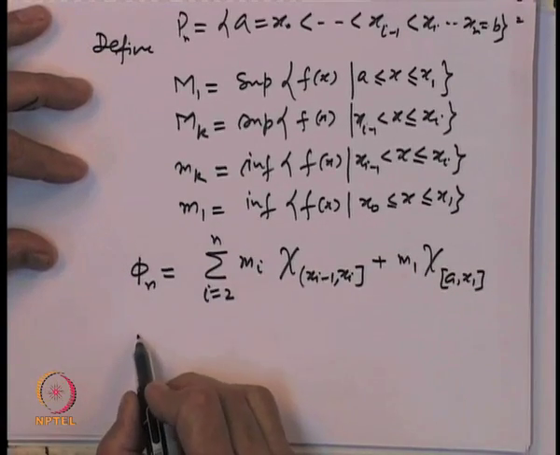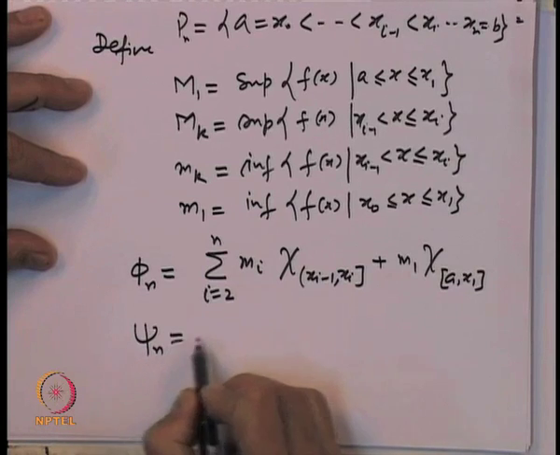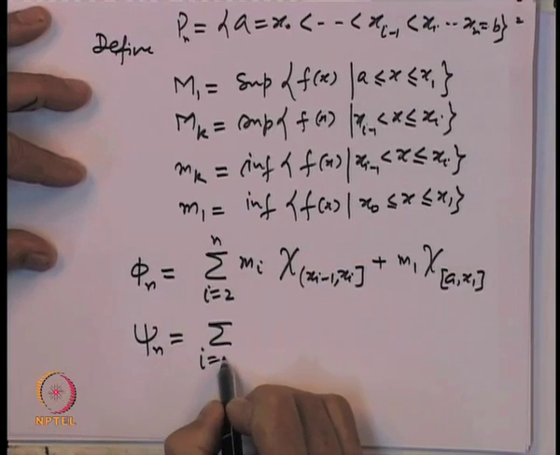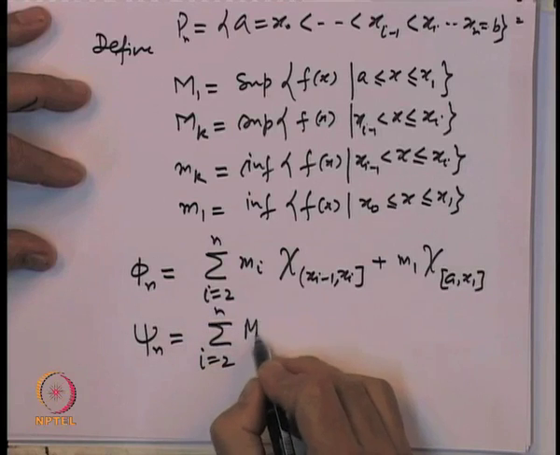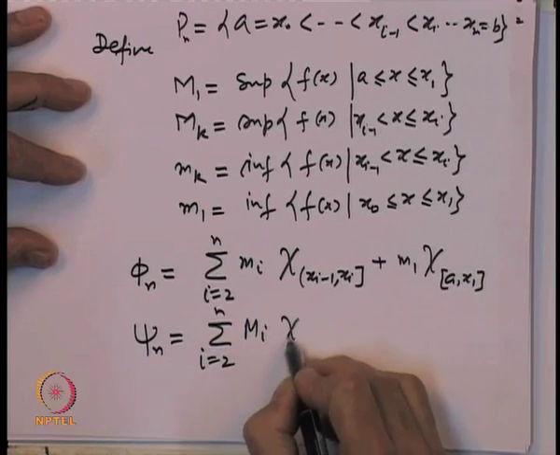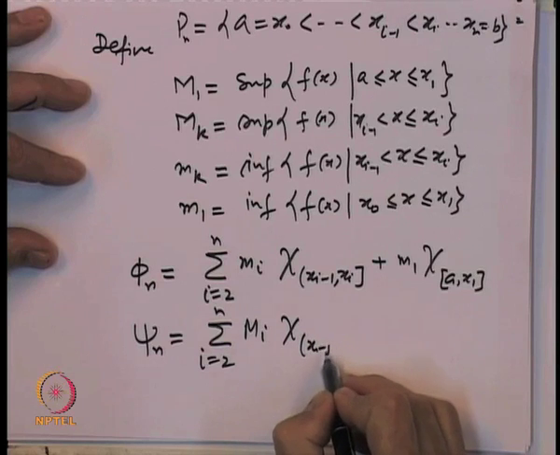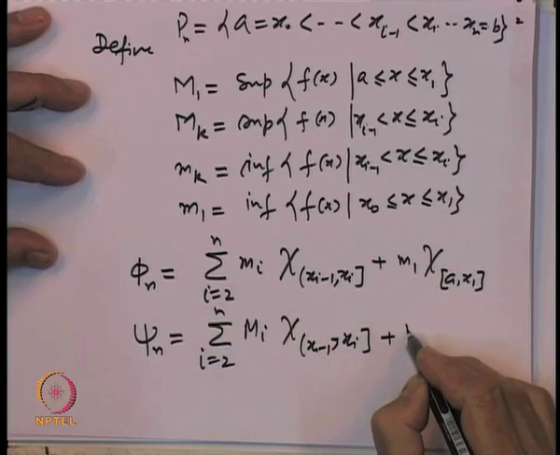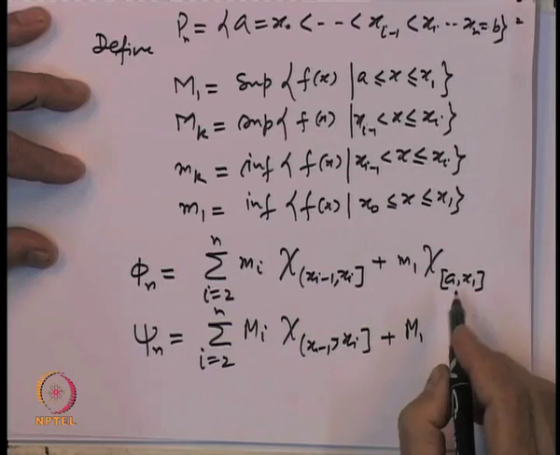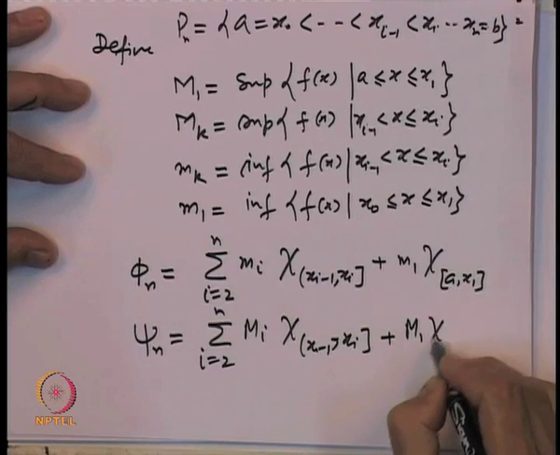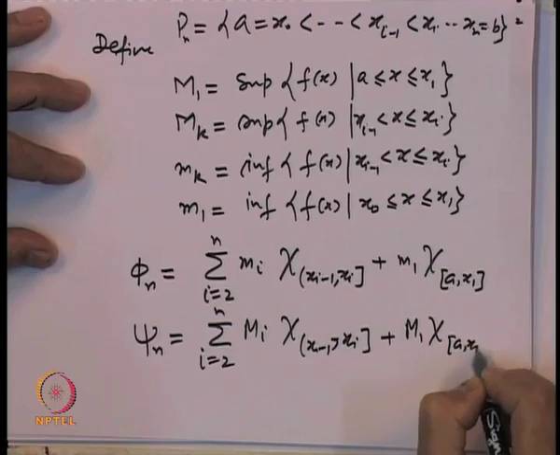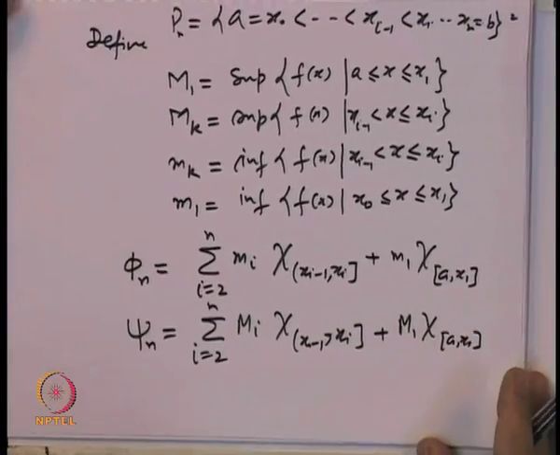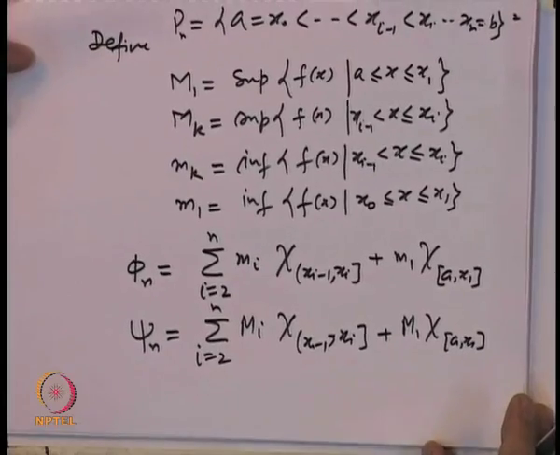And similarly, let us write psi_n to be the sum for i equal to 2 to n of capital M_i, the maximum value in the interval x_{i-1} to x_i, and capital M_1 in the first interval, so that is the indicator function of [a, x_1]. So, these are the functions we defined.